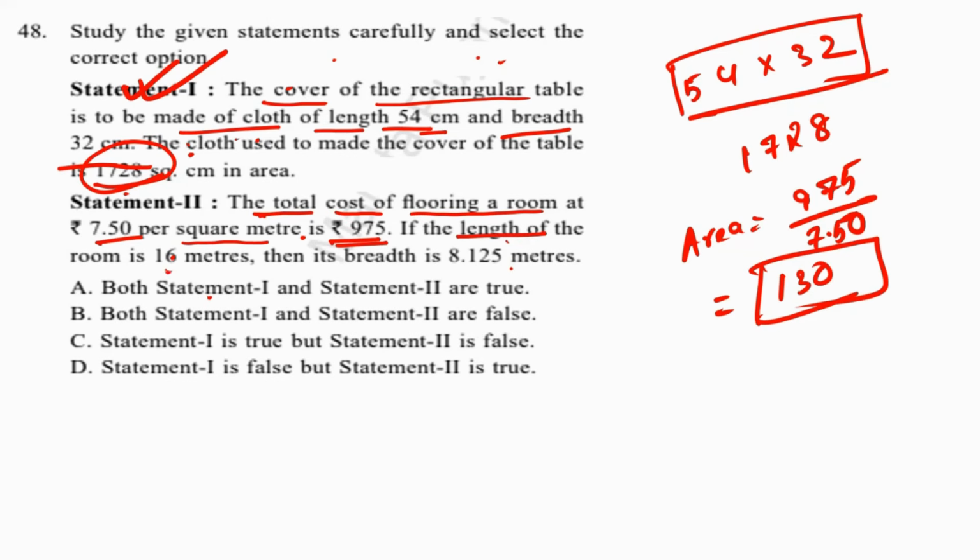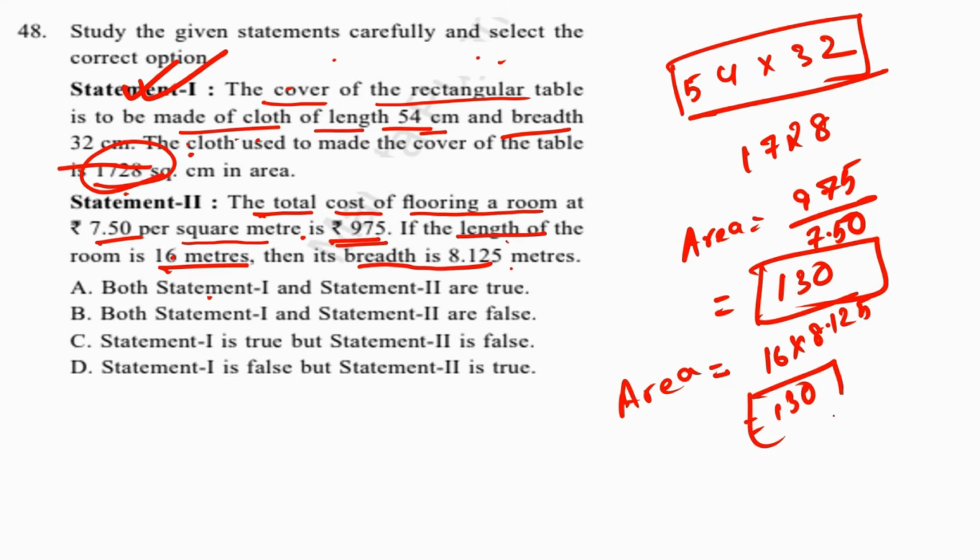The dimensions are given, length and breadth. So area of the room according to the dimensions, what is it? 16 multiplied by 8.125. That's again 130. Area of the room according to the cost and according to the dimensions, both are the same in number. Hence, this statement is also correct. So both of our statements are correct. So option A is the answer.